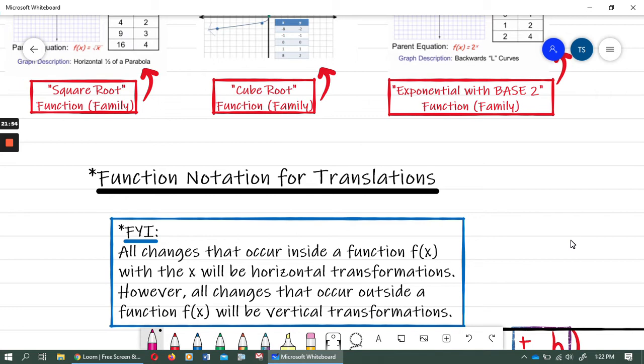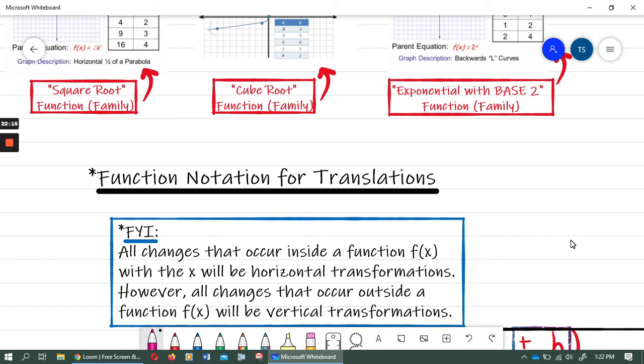And so they're going to affect some type of left or right motion horizontally if you have changes inside the function. And on the flip side of that, those changes that occur outside, the word outside has the prefix out, the same as when we're talking about output. And we should know that for our output values in any function, we're talking about those y values, or the function values.